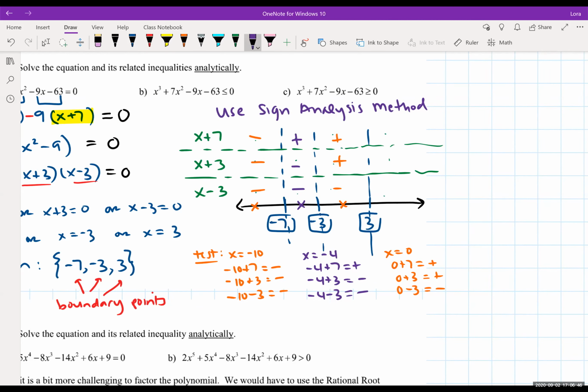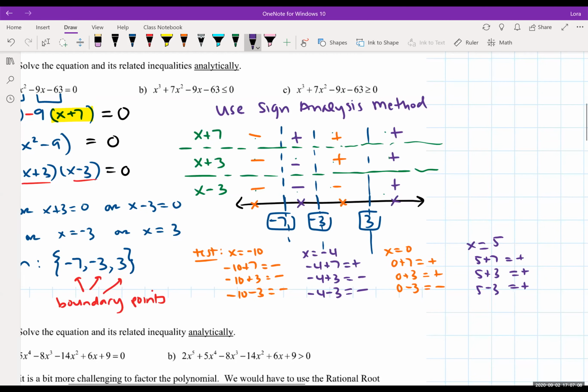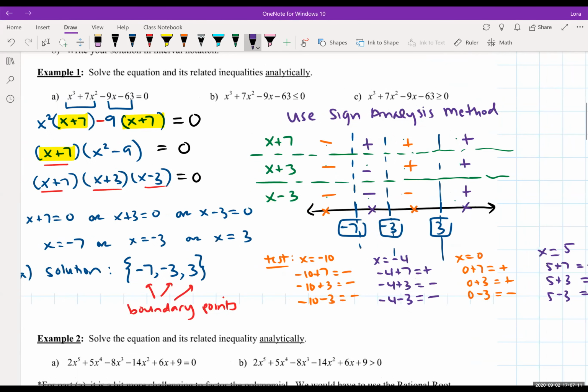Last region, we'll also have a test point. We'll test maybe x equals 4, x equals 5, whatever you like. So we have 5 plus 7, that's positive. 5 plus 3, also positive. And 5 minus 3, also positive. So now we have a bunch of signs. Keeping in mind the purpose behind this, these factors were originally multiplied. So we're going to take that same idea.